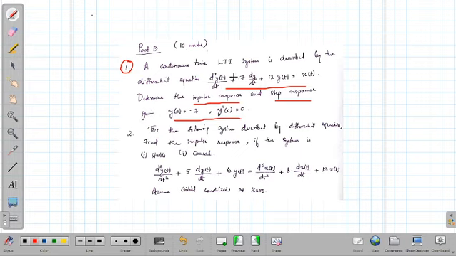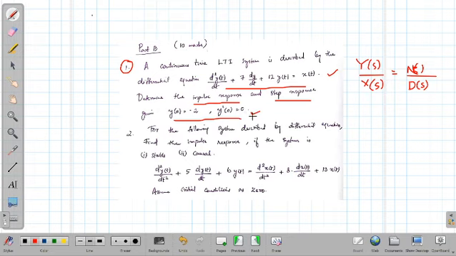What you need to do is take the Laplace transform of the differential equation and apply the initial conditions, and get the transfer function of the form y of s by x of s, which is equal to some numerator of s divided by denominator of s.